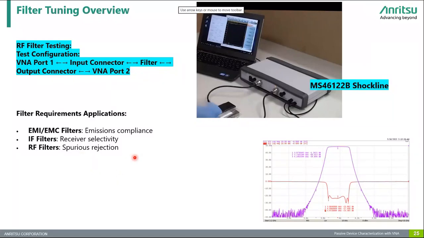Using a VNA like Anritsu, engineers can perform high precision repeatable measurements to validate filter performance during design, production, and maintenance phases.